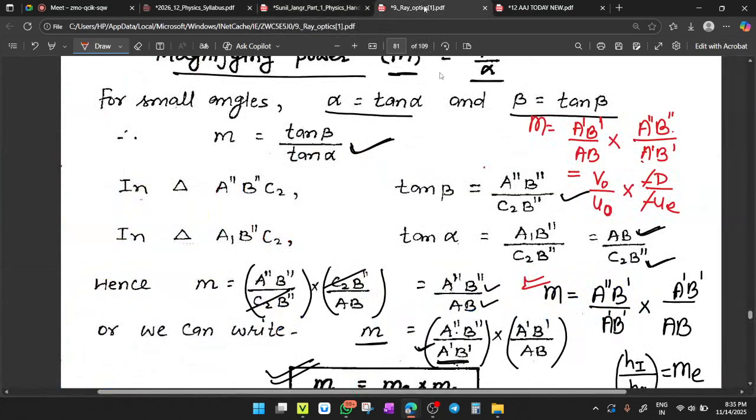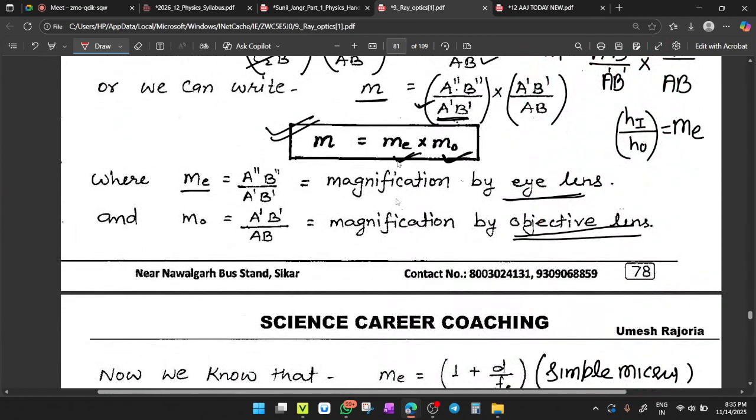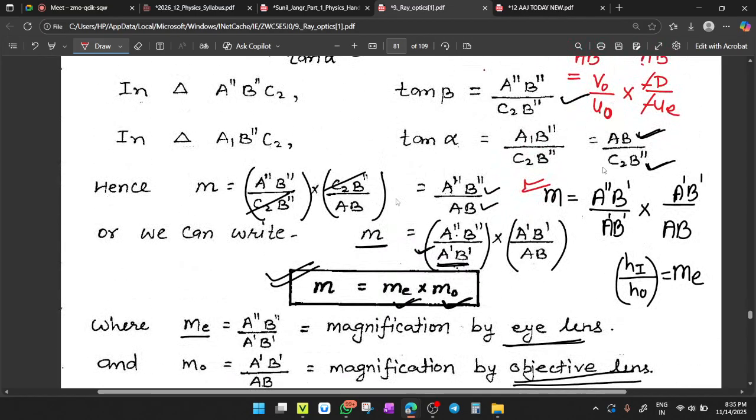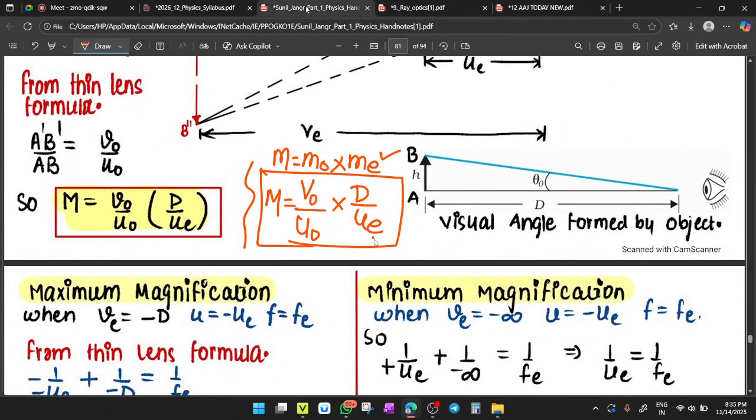Yes, we have derived this one. It can be written in the form VO upon UO into D upon FE. A question may be asked from this formula also. Done.